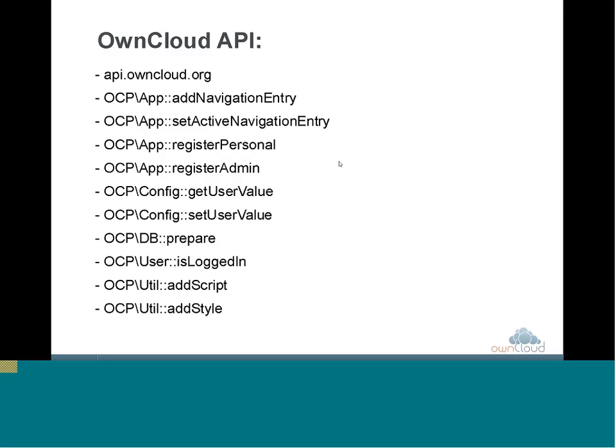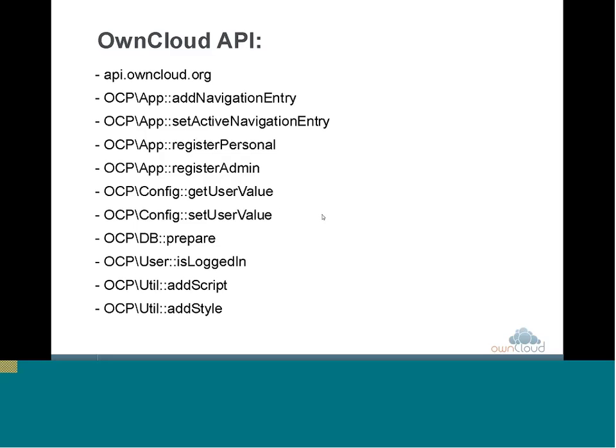This is also very convenient because it automatically finds the right files in the right app folder, because finding the right place to load the JavaScript from could sometimes be a little bit tricky, as ownCloud runs on Mac, Windows, and Linux with different web servers, with different configurations and so on. But all this complexity is hidden from you and done internally. You only have to do add script and give the name of the script, and then it finds the file and includes it.